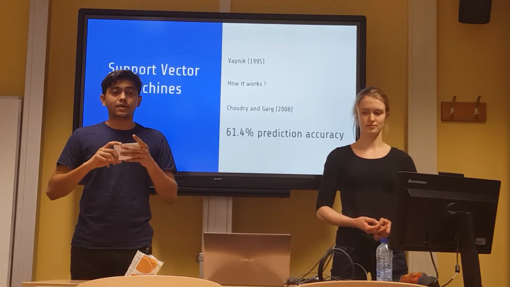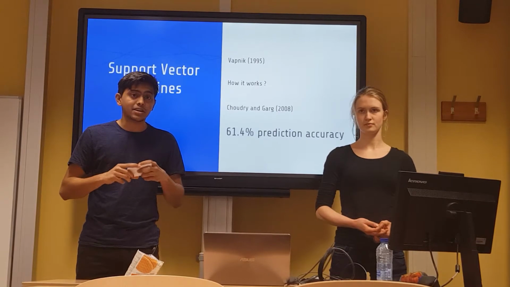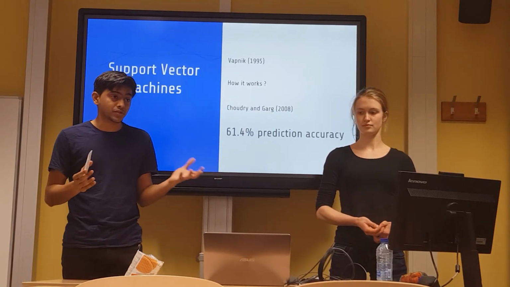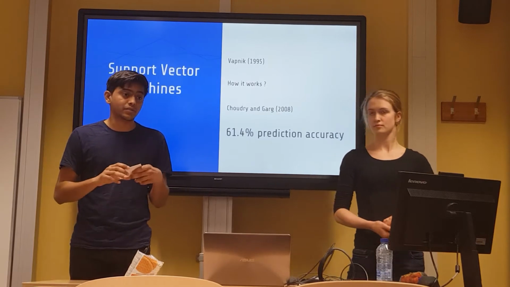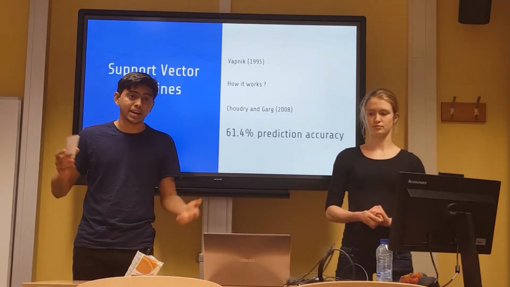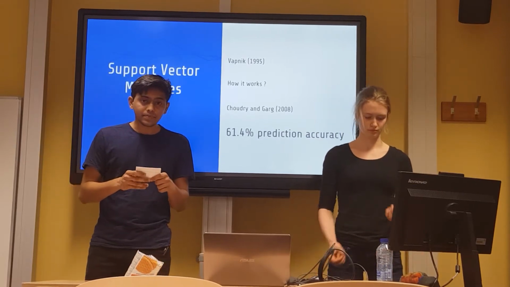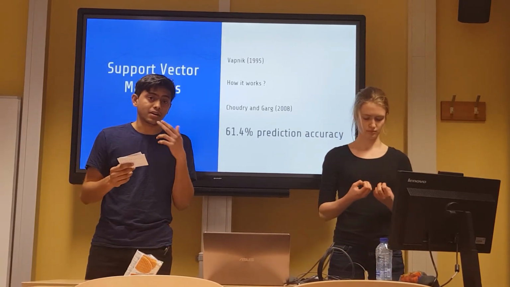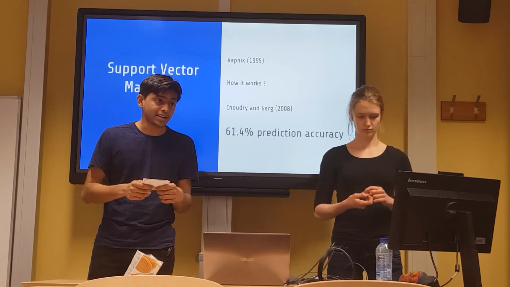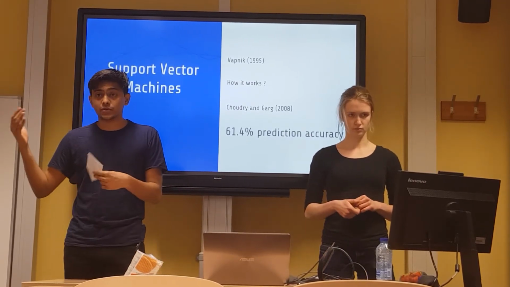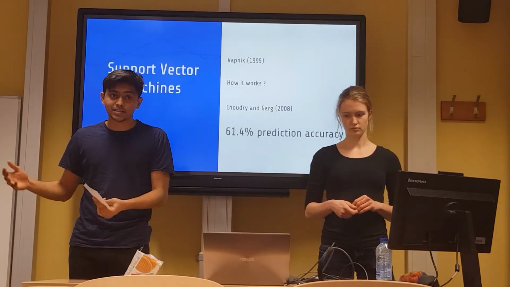For example, support vector machines are mostly used for binary classification, and you need to classify, let's say, beer and wine. You get two pieces of data, for example, alcohol quantity and the color of a drink. If it's red and the alcohol quantity is 14, then it's wine, and otherwise it's beer.